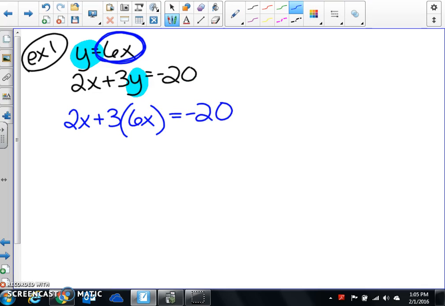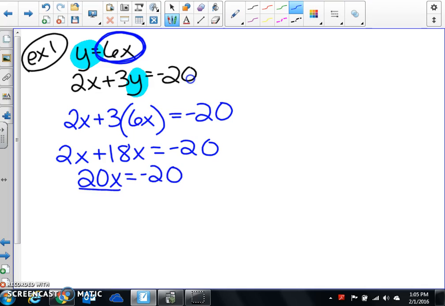Now I'm solving just like I would solve a regular equation. 3 times 6x is a positive 18x. 2x plus 18x, I just combine like terms. That gives me 20x. And then I divide both sides by 20.